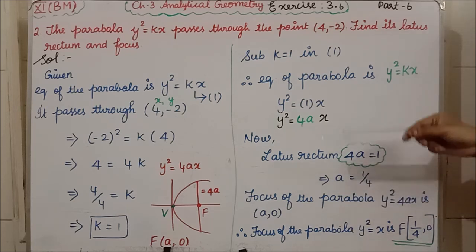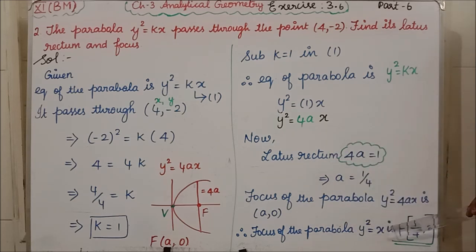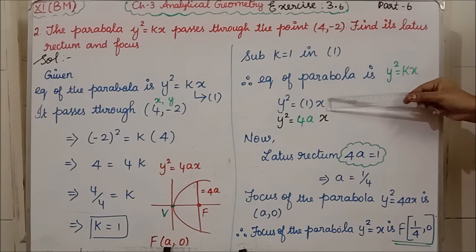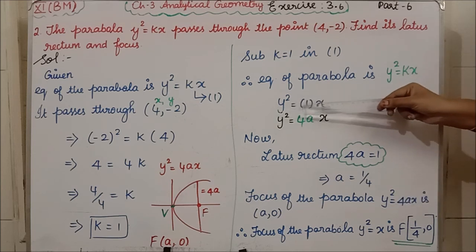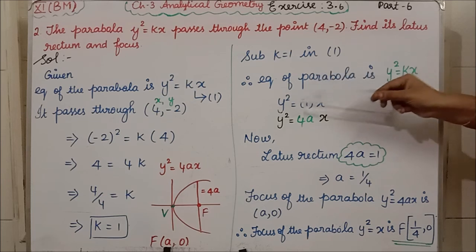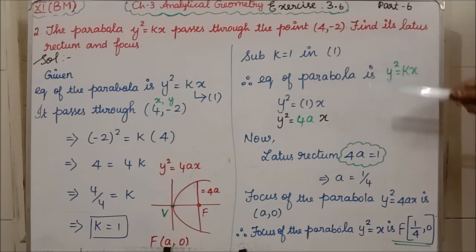We have seen this in the tabular column. In the place of a we have got 1 by 4, so the focus is 1 by 4 comma 0. This is the general parabola y square equal to 4ax, but we have y square equal to 1 into x, which is x. So for y square equal to x, the focus will be 1 by 4 comma 0. Clear students, all of you?